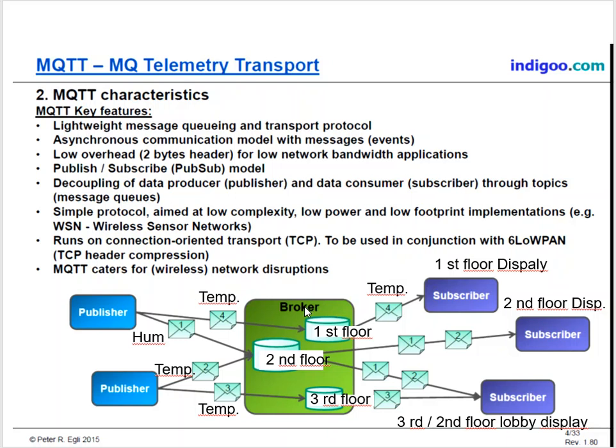The topic system is a hierarchy, so there could be parent topics and child topics, and child topics could have child topics, and so on. So we can easily build a hierarchical system to filter certain kinds of messages by these topics.